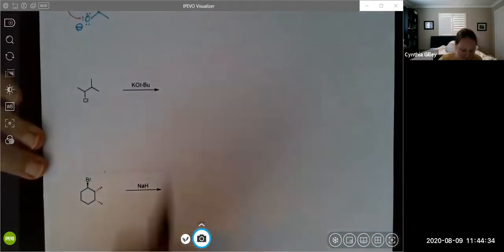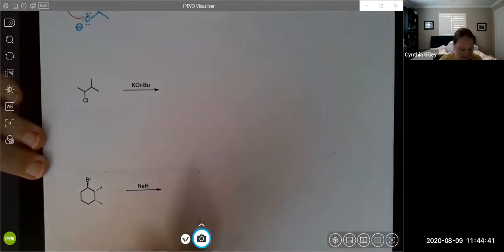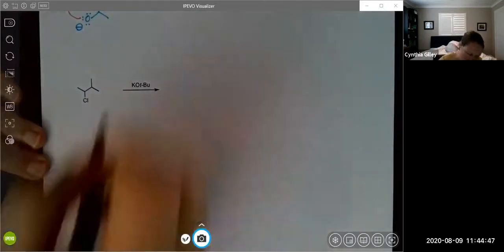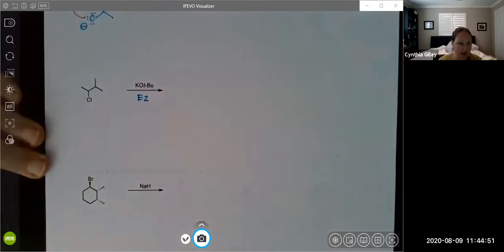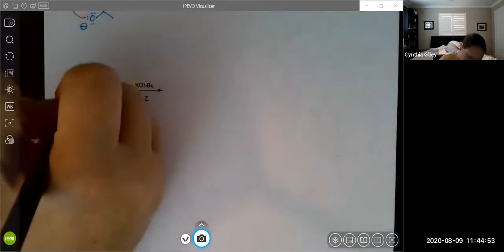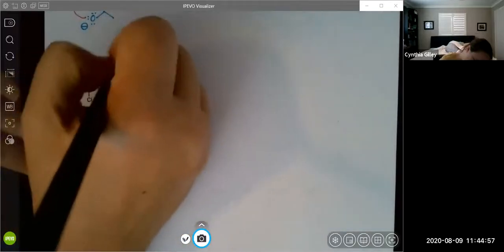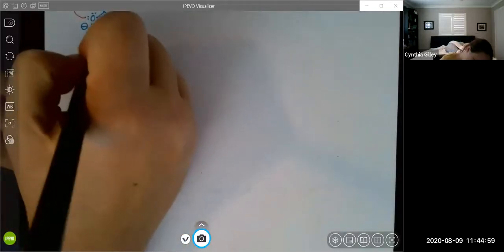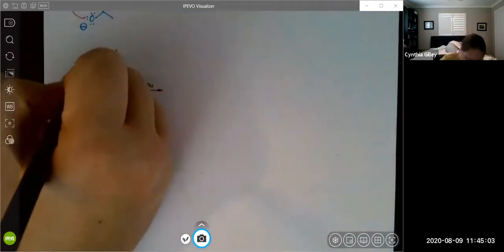Okay, this is very similar, strong, bulky base, right? This strong, bulky base, because it's so bulky, doesn't usually act as a nucleophile. It usually acts as a base doing an E2 reaction. Because it's bulky, we're likely to get now the Hofmann product. So we're going to selectively remove a hydrogen from the less substituted carbon to make the less substituted alkene.